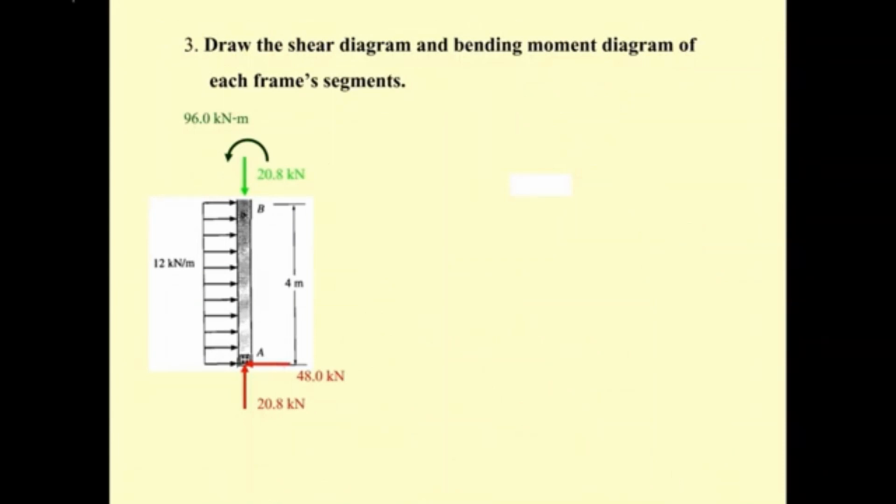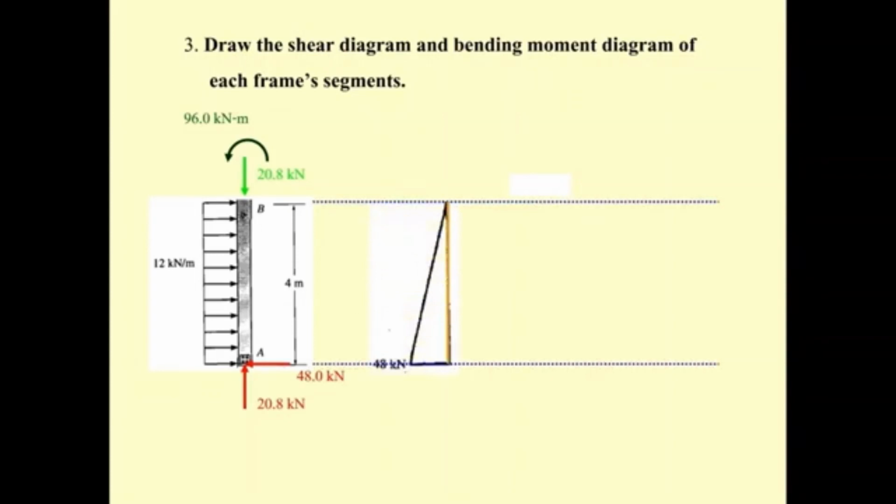When you draw the shear diagram of the column, it's going to be from A to B. That means you put x equal to 0 here, and up here is going to be 4 meters. It starts from the bottom to the top.